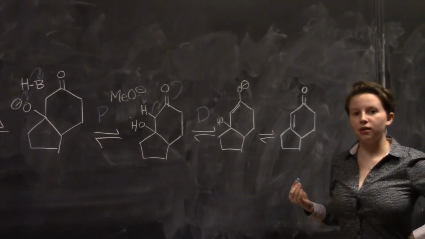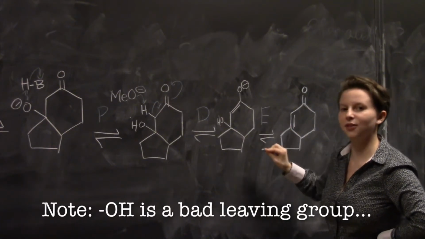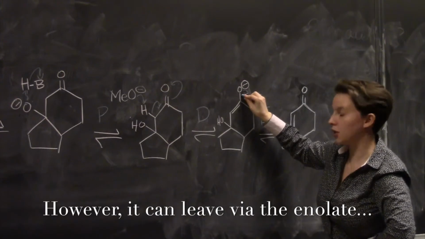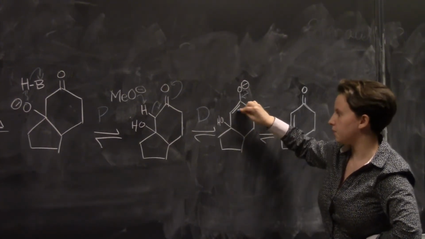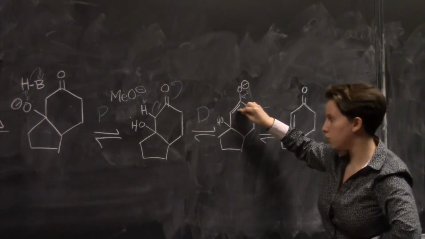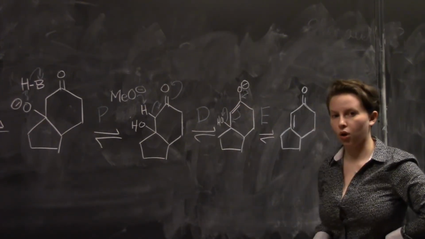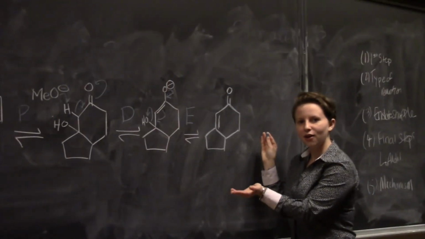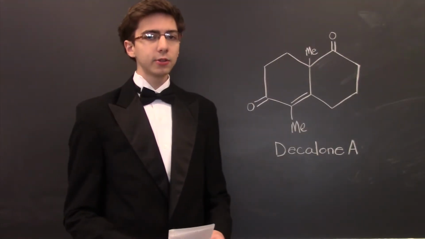So now comes our last step, the elimination step. E for elimination. The electrons on the carbonyl, on the oxygen, can reform the carbonyl, which allows the electrons in the double bond to move to a new spot and eliminate the alcohol, leaving us with the product of this Robinson annulation. Now to our bonus round.